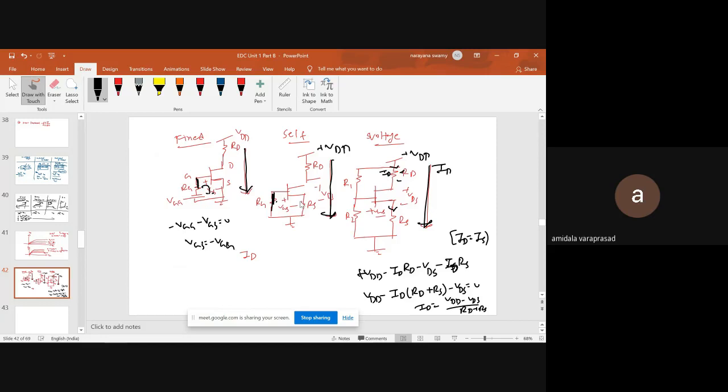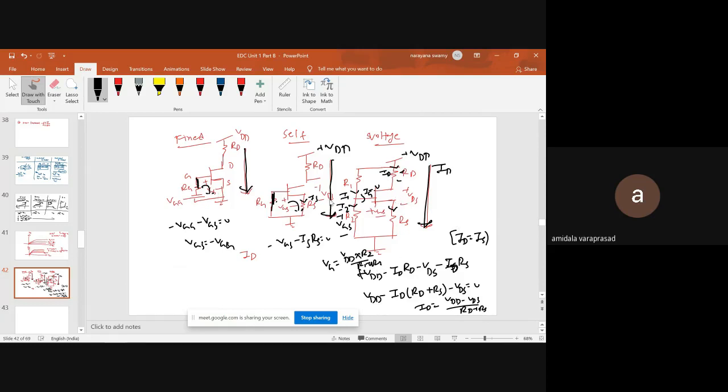In the self bias, apply the loop equation: minus VGS minus IS into RS equal to 0 in the input loop. In the voltage divider bias, IG will be 0, and I1 equal to I2. Then I can write VG directly: VG is equal to VDD into R2 by R1 plus R2, the voltage across R2. That's it. Like this, you can do the derivation.